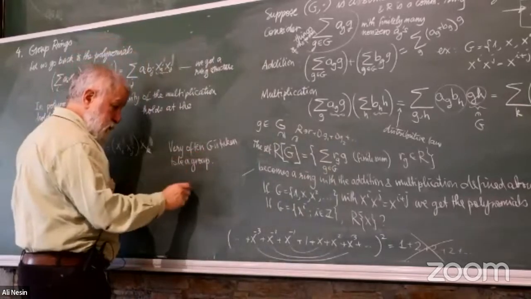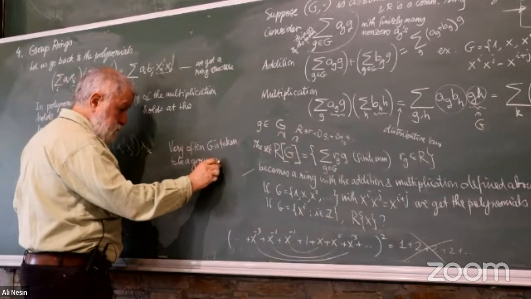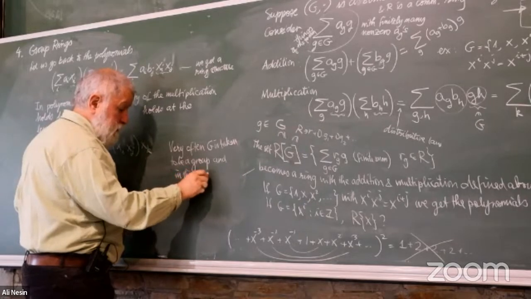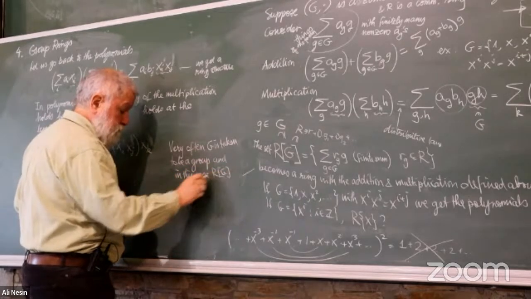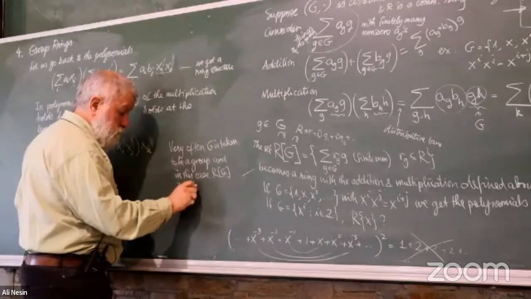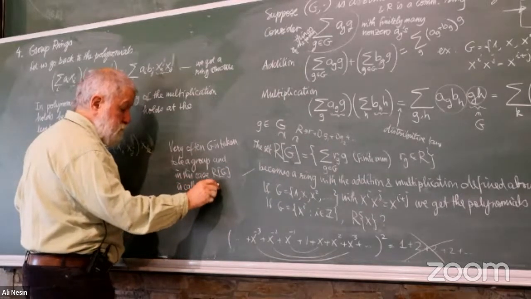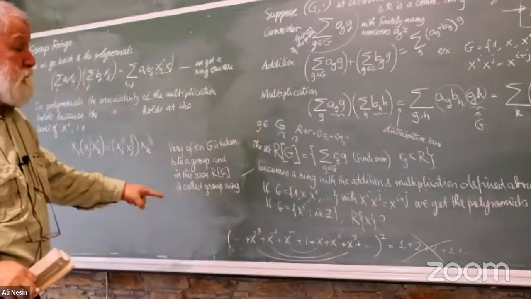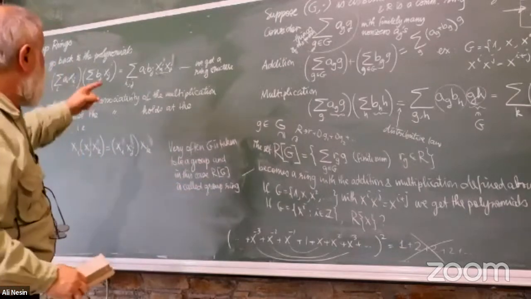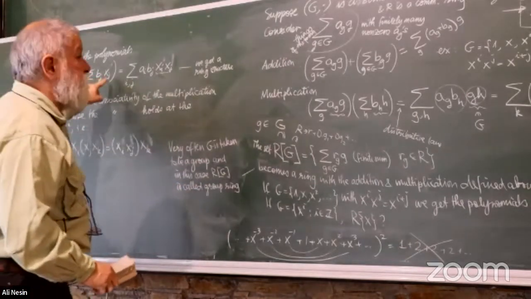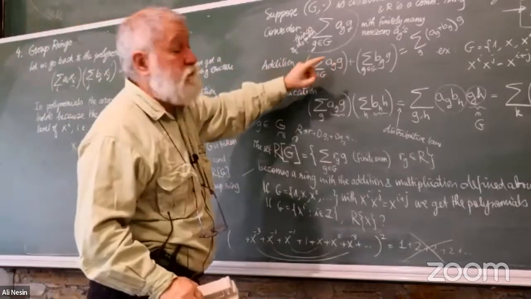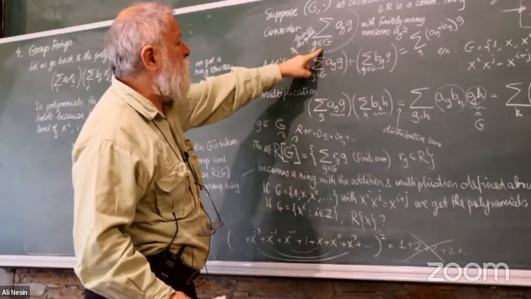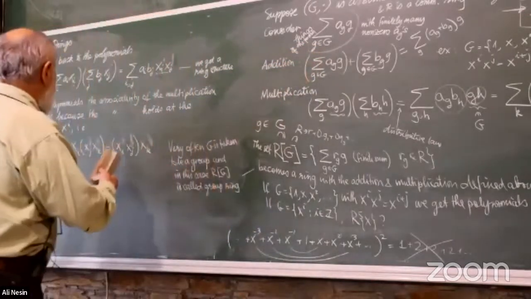Often G is taken to be a group, and in this case, R[G] is called a group ring. It's like polynomials, except that we don't have x^i's. We have elements from a group. And these are formal objects. What do I mean by formal? When do we have two polynomials equal?